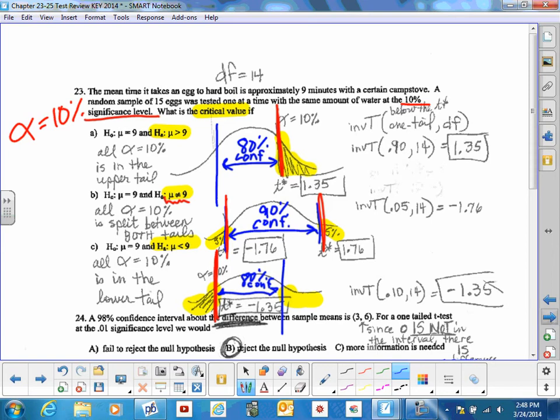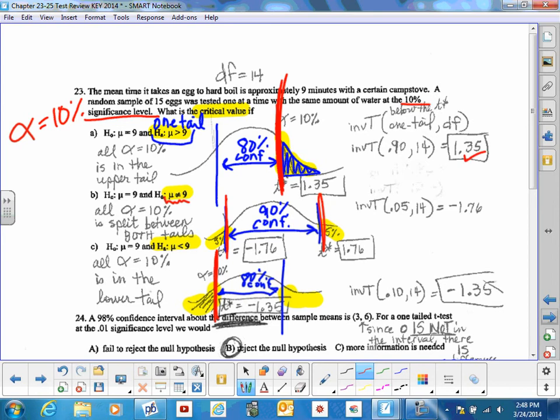Since this is indicating 1 tail, then I know that the entire 10% is located in this upper tail. So to find this critical value, this t star, I'm going to inverse t of the area below, 0.9, 14 degrees of freedom. And that's how I get my 1.35.